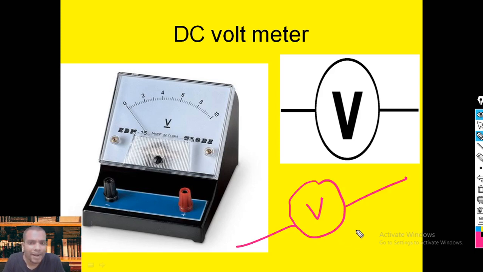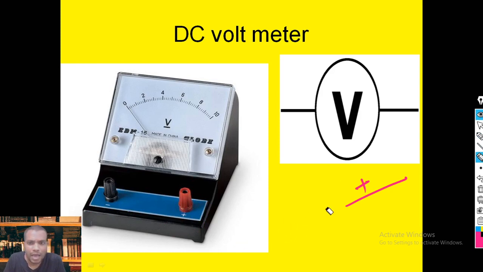Here we need to mind the polarities also. Polarities means the positive sign and negative sign. So the voltmeter has a positive and a negative terminal. We use the voltmeter symbol as V.